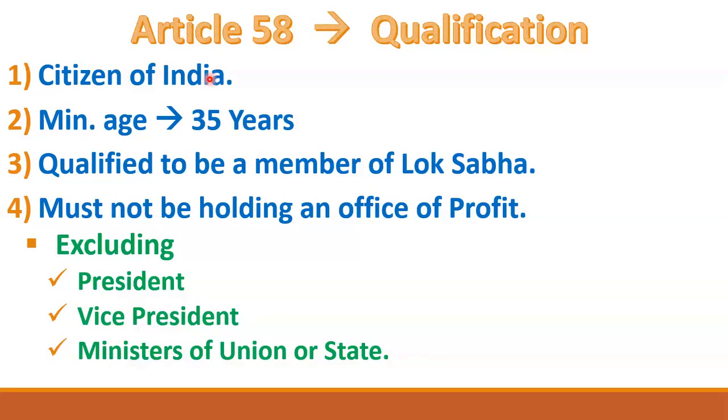Any foreigner cannot become the president of India. Any person who is not a citizen of India cannot become the president of India. So only a citizen of India can be the president of India.